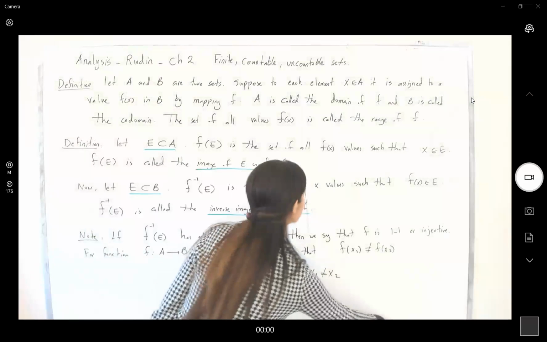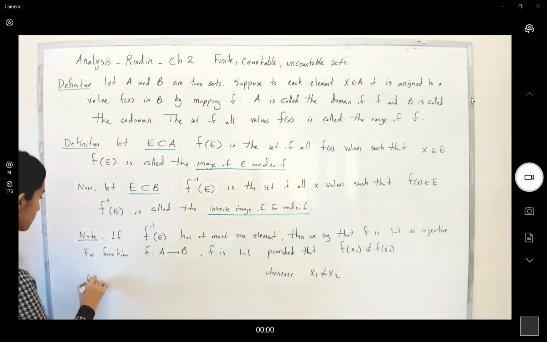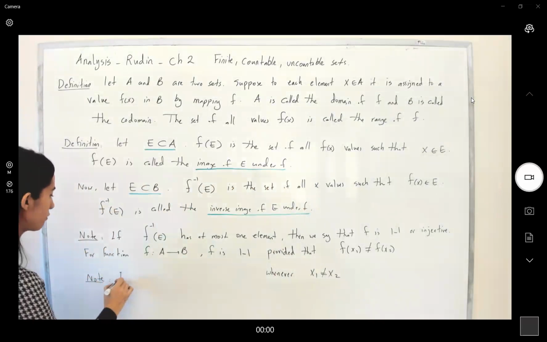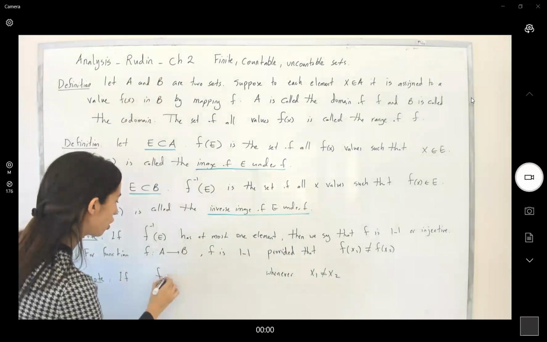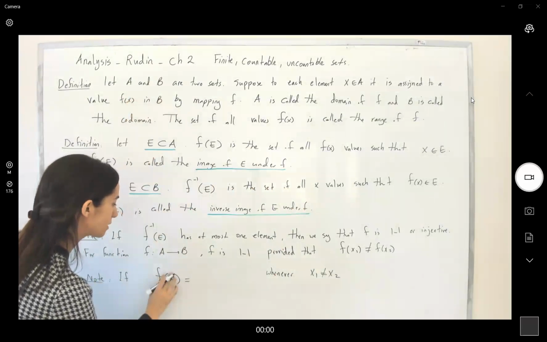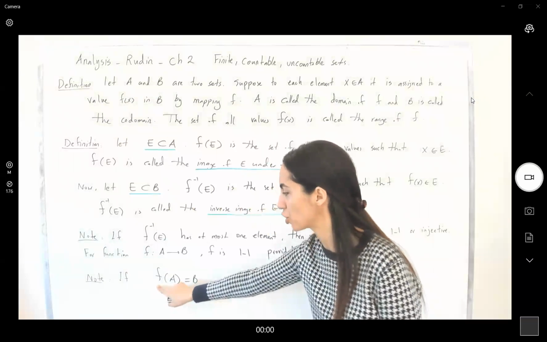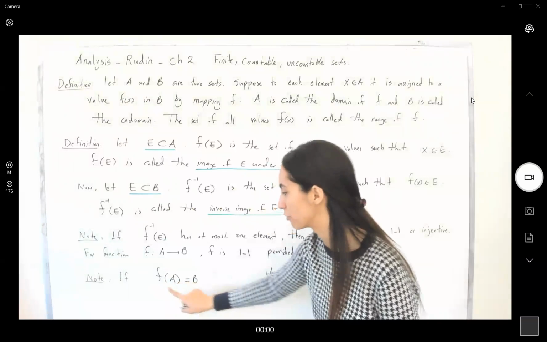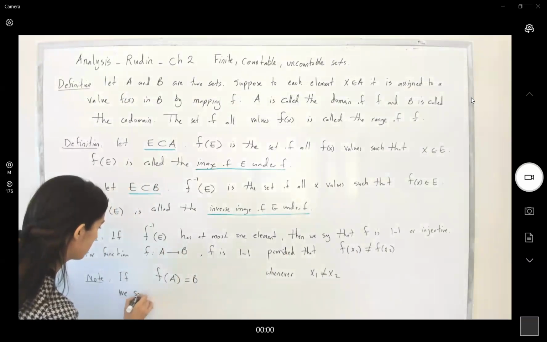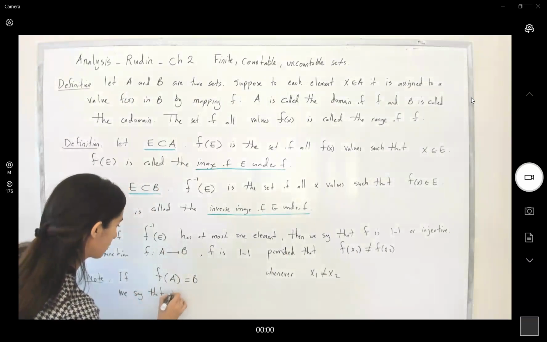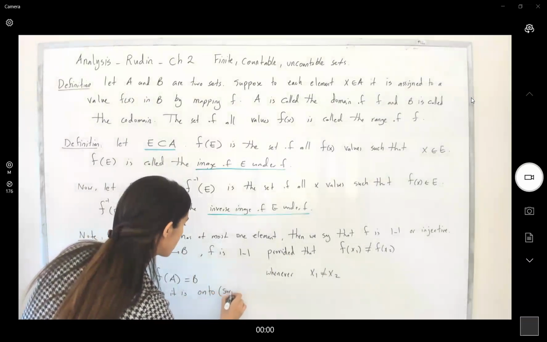Another note. If for function f that maps A to B, the image of the domain is exactly the same as the codomain B, so if the image of the domain under f is equal to the codomain, we say that it is onto or surjective.